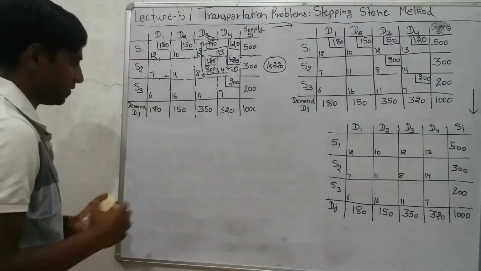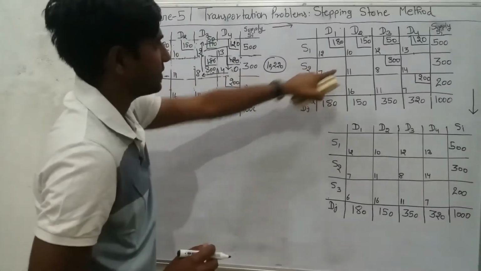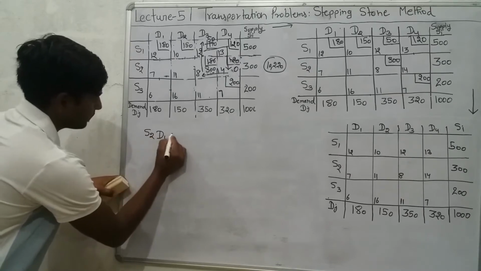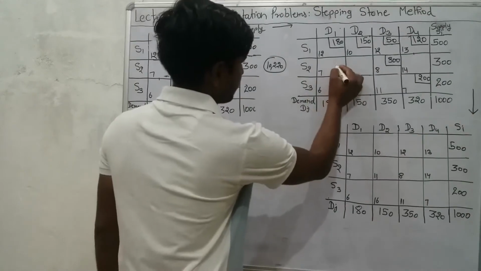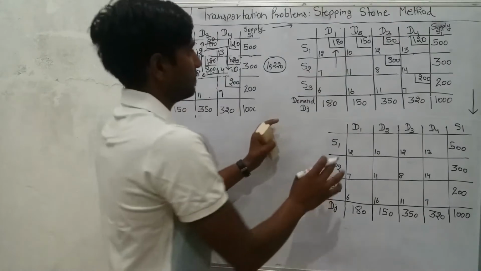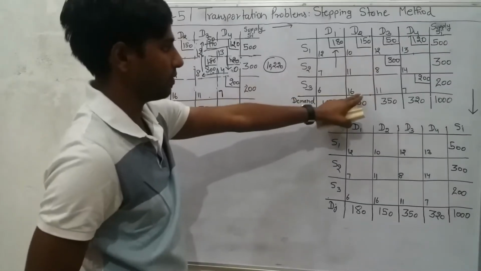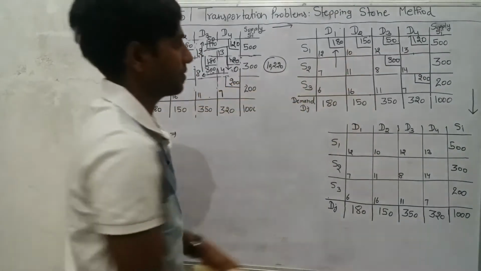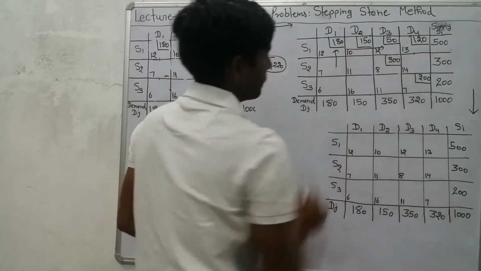So let's start without taking so much time. The first empty cell is S2 D1. So we are going to start from here. Put a sign plus. Now we are jumping to this cell. No, we cannot go down one, because there is no option, so we are jumping directly to this cell.